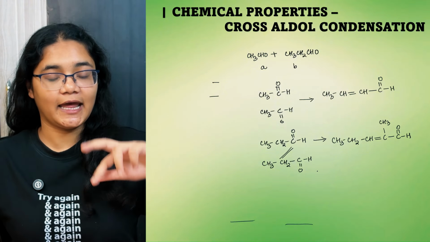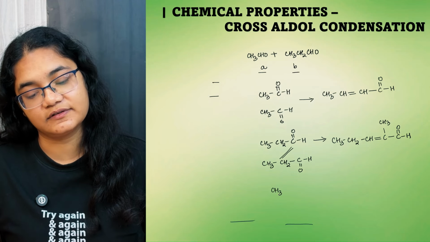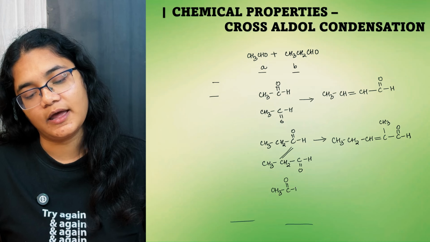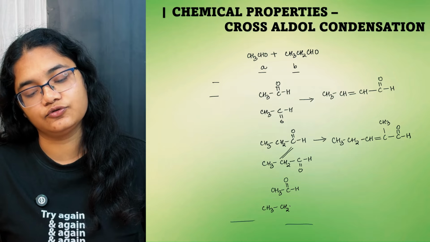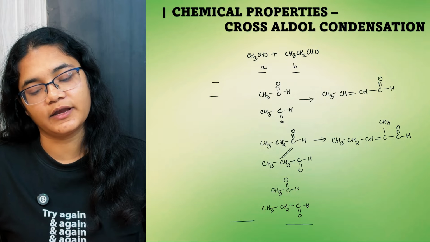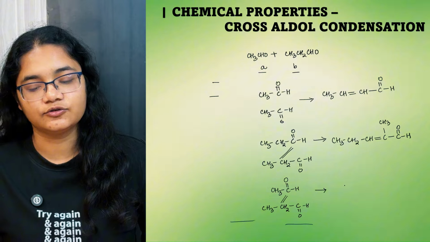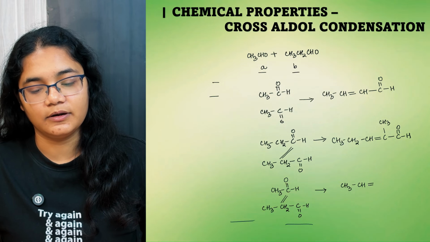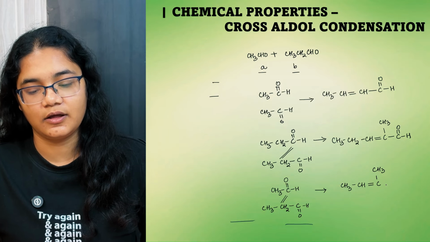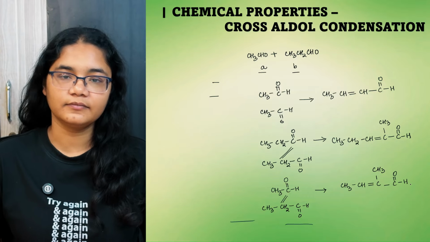Now when A and B are reacting, I write A, CH3CHO, above and B, CH3CH2CHO, below. Again the alpha carbon and the carbonyl carbon will form a double bond, so you can write the product like this: CH3CH double bond C, CH3, and you have CHO.